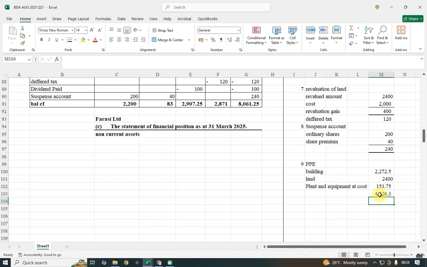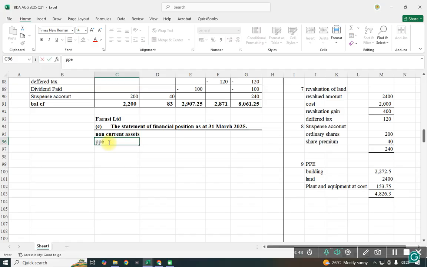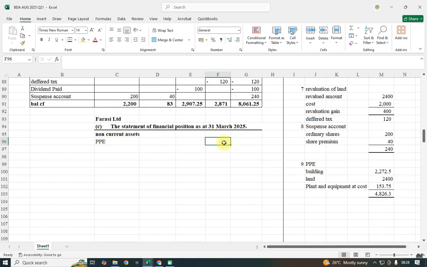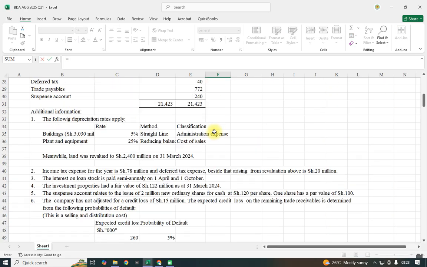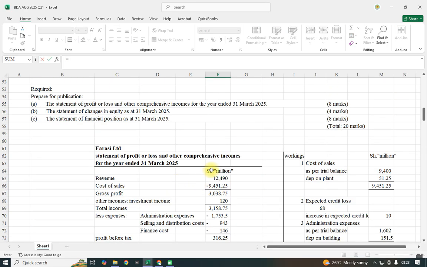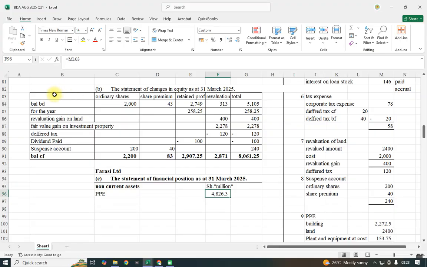That will be the total for the PPE, that is property, plant and equipment. And they are in millions of shillings. All my values are in millions of shillings.